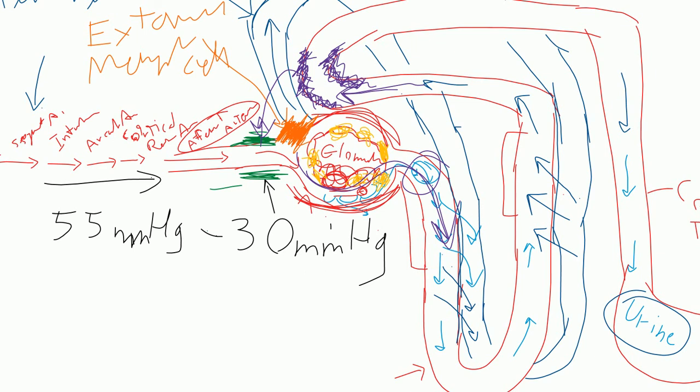So that's one. Number two, you also have the fluid in the renal corpuscle, all the filtrate that already comes out in this area and fills the surrounding area in the capsule. That fluid will also have its own hydrostatic pressure as well.